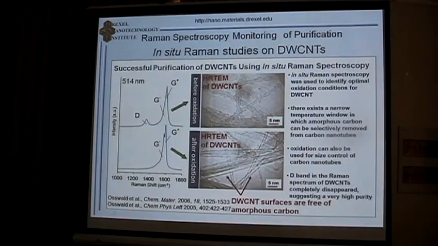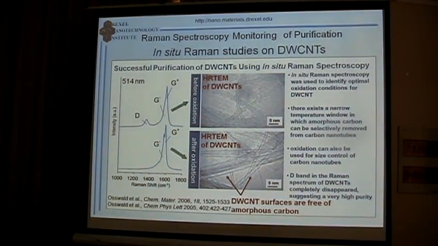So it all depends on your goals. But what is important is that after this purification, you can get this wonderful sample with really no trace of D-band, no amorphous carbon. These tubes are very clean, as transmission electron microscopy shows. So this method works really nicely.